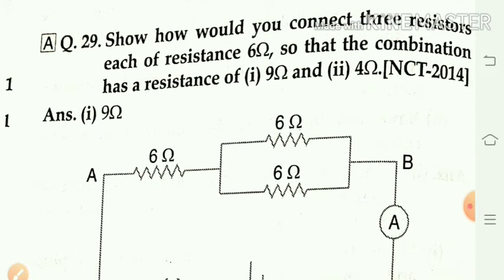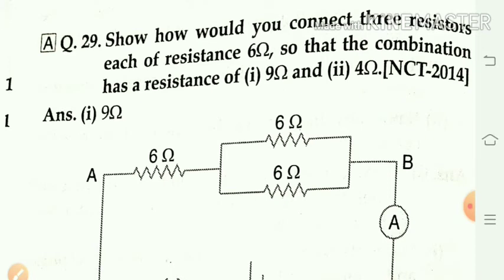Show how you would connect 3 resistors, each of resistance 6 ohm, so that the combination has a resistance of first 9 ohm and second 4 ohm.